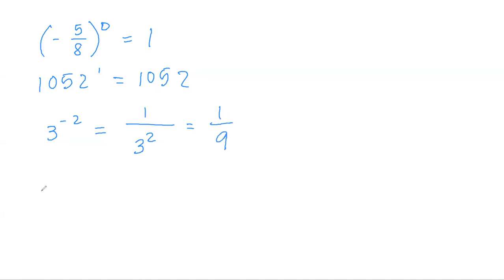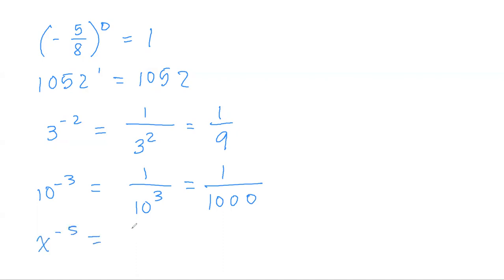If we did that for 10 to the -3, same idea, 1 over 10 cubed. I think that's just 1 over 1,000. And same idea, if you had x to the -5, that's 1 over x to the 5th.